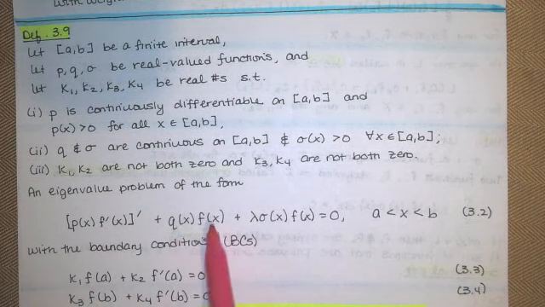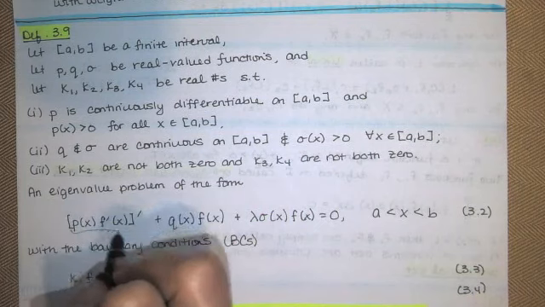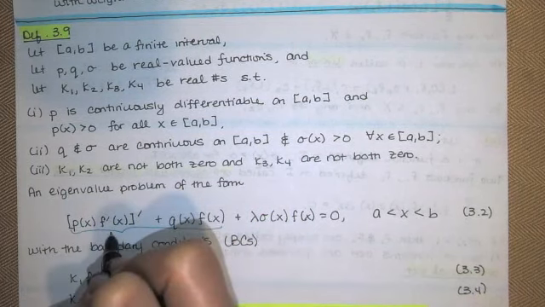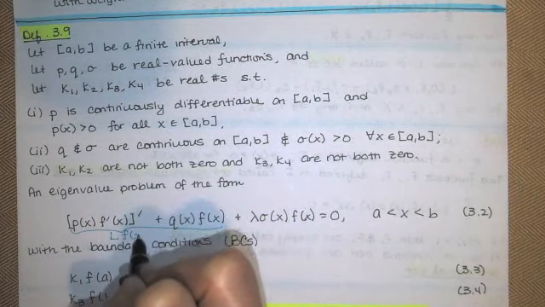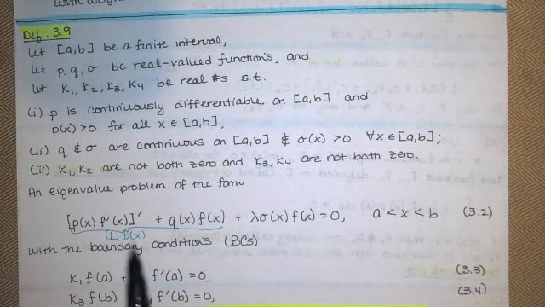Then add Q times F, and then add lambda times sigma times F. And that will be equal to 0. Now I want you to notice that this piece right here is a linear operator applied to F. So this is a particular type of eigenvalue problem for this linear operator.